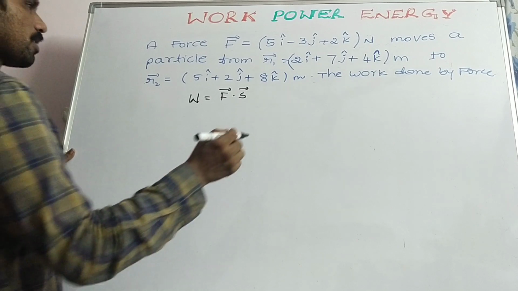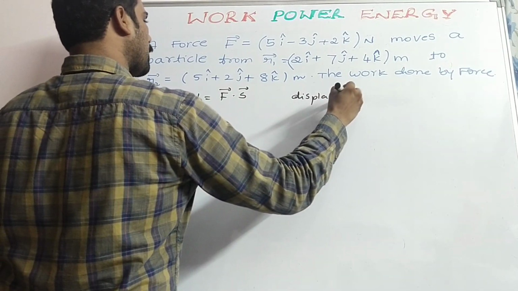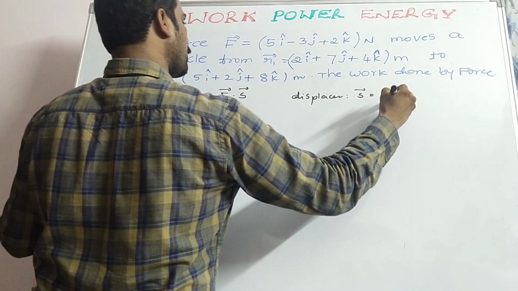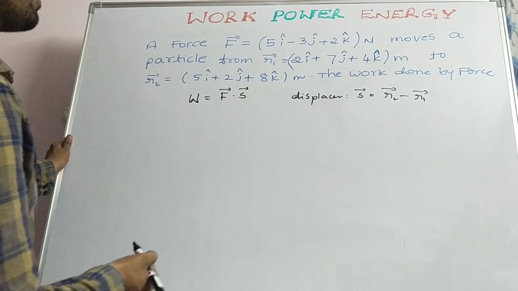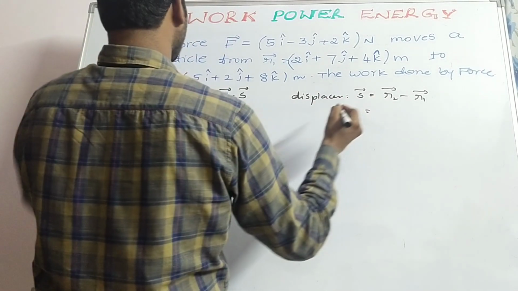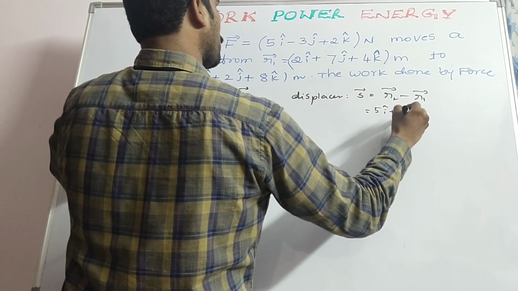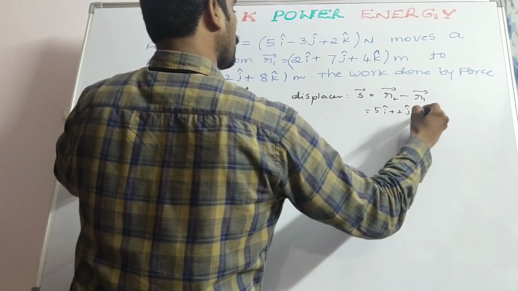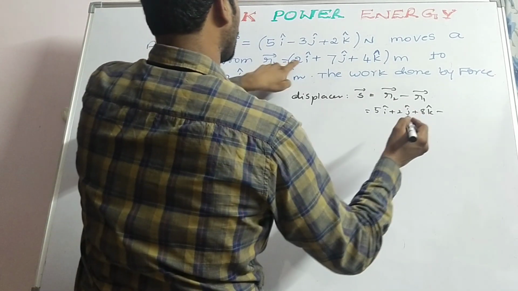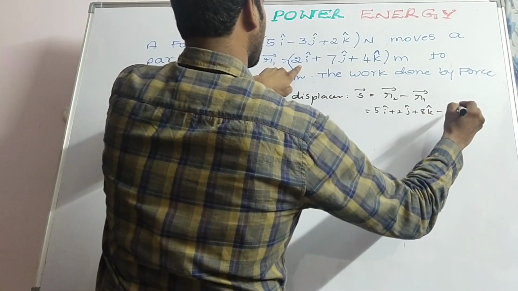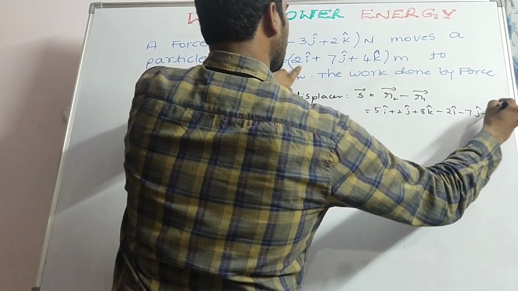But what about the displacement? Now displacement can be written as S bar is equal to R2 bar minus R1 bar. That is equal to, what about R2? 5i cap plus 2j cap plus 8k cap minus 2i cap minus 7j cap minus 4k cap.